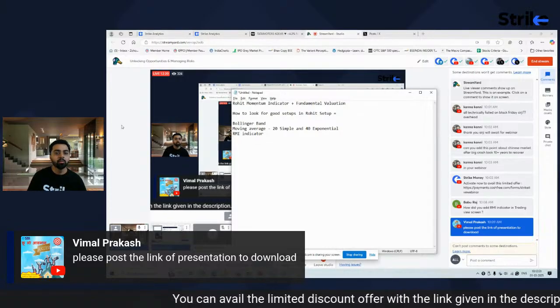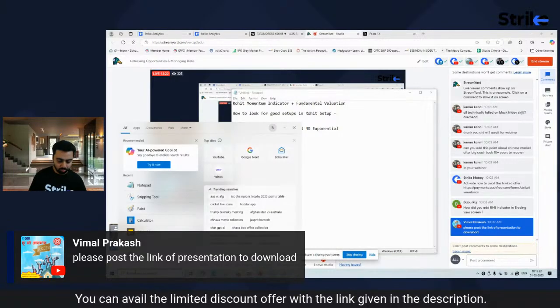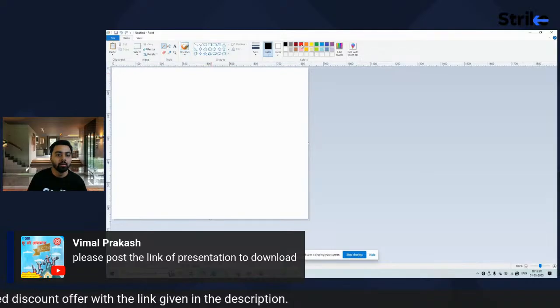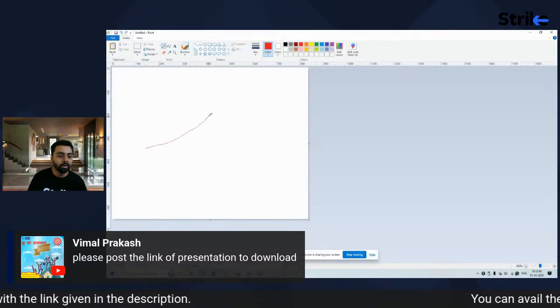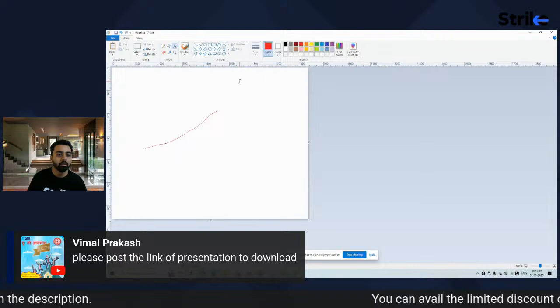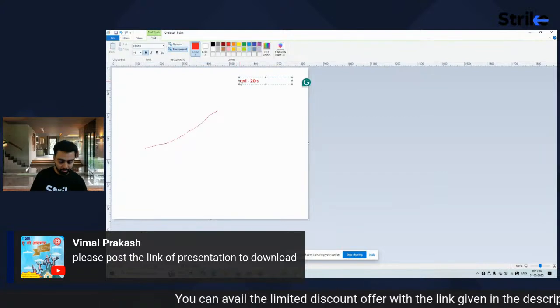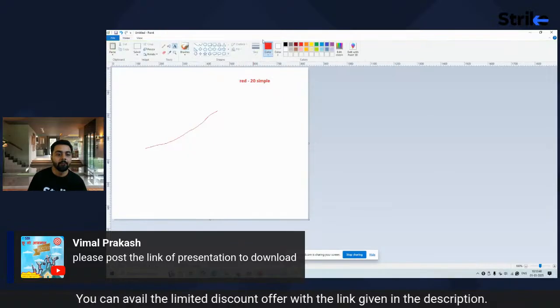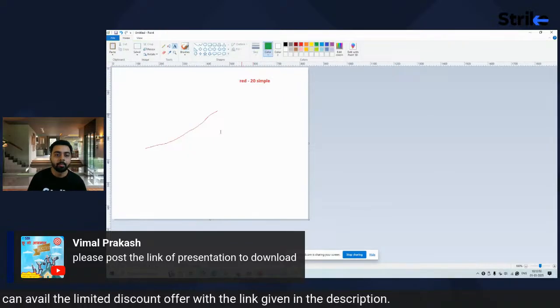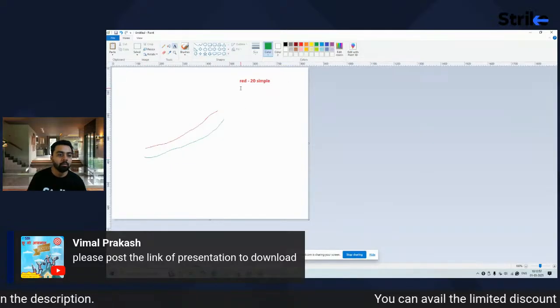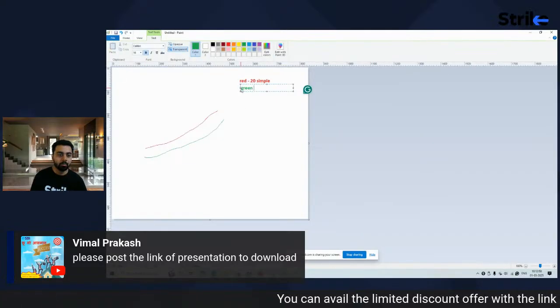Okay, so in scenarios where, say, the red one is 20 simple, okay, and the green one is 40 exponential average.